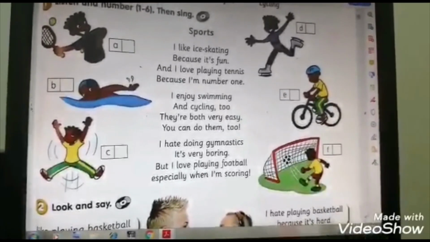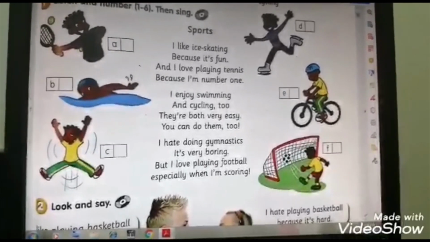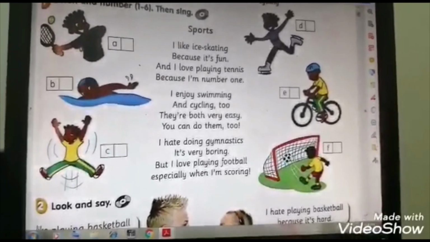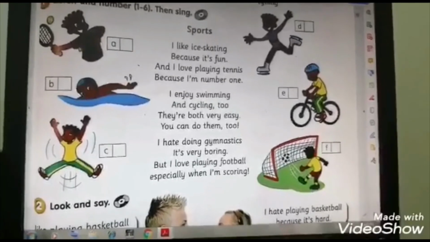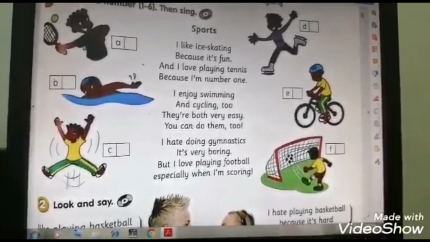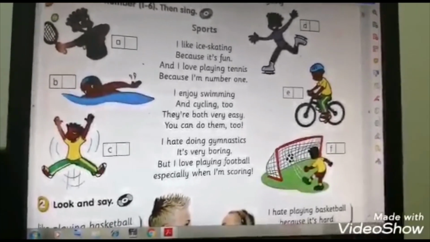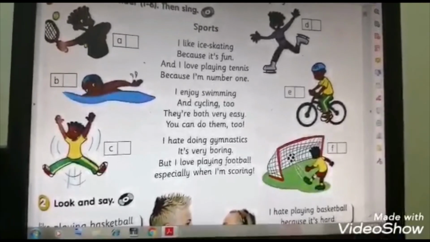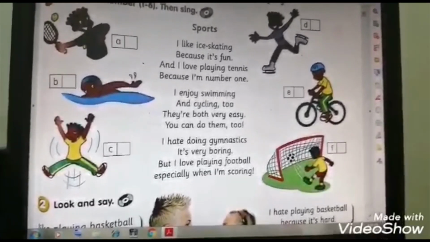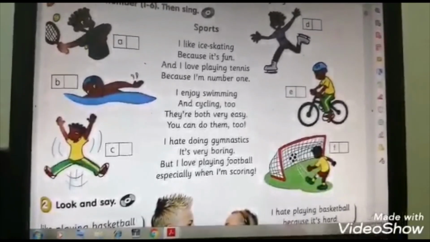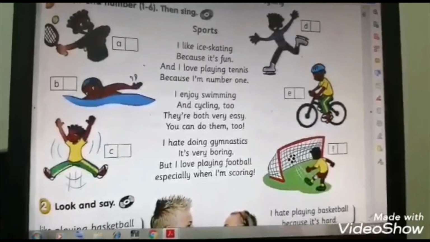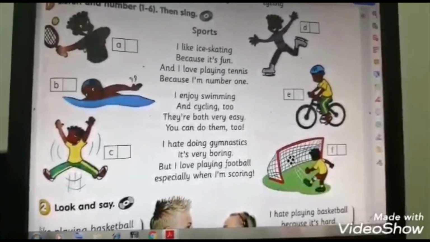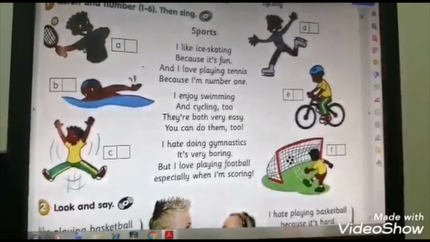You can do them too. I hate doing gymnastics. It's very boring. But I love playing football, especially when I'm scoring.